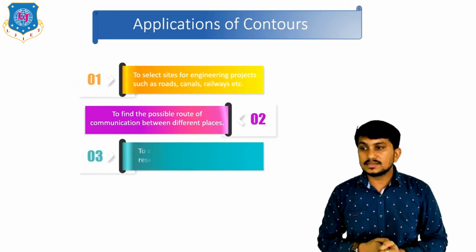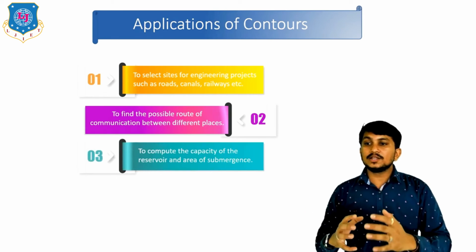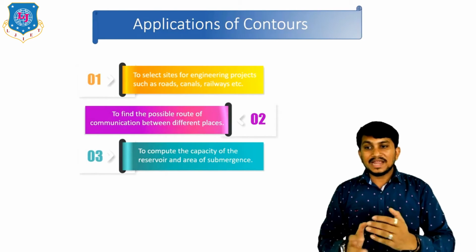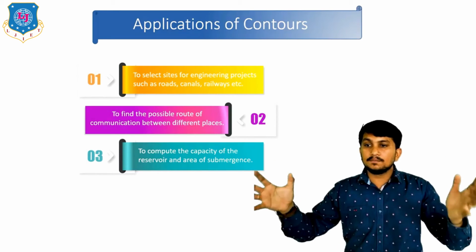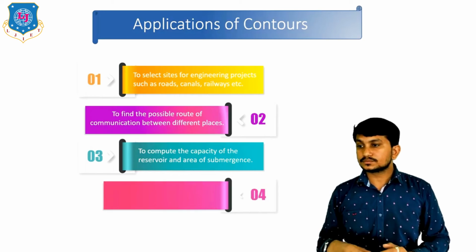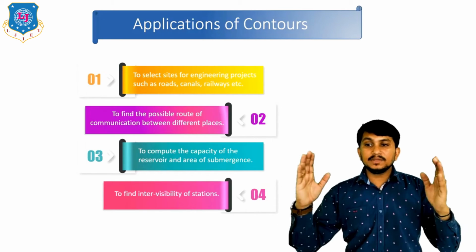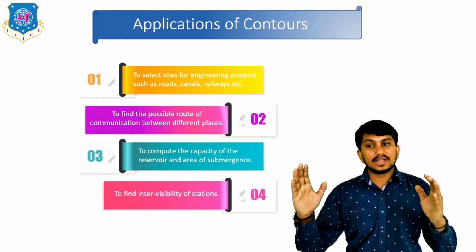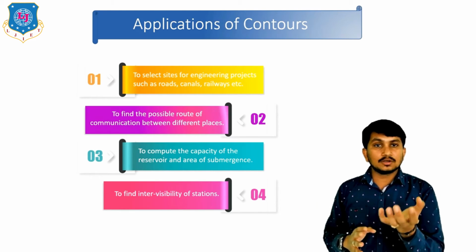Third is to compute the capacity of the reservoir behind the dam and the area of submergence due to the reservoir. Fourth is to find intervisibility between two stations, which we can easily find out by contour map.